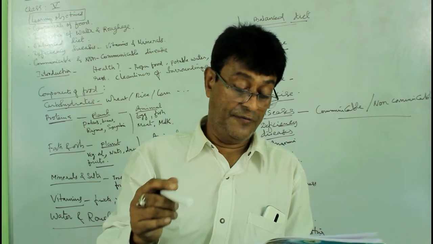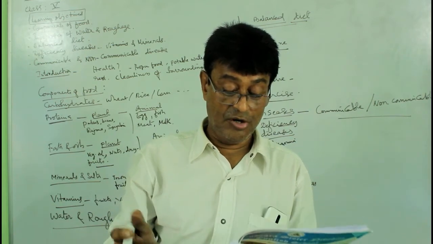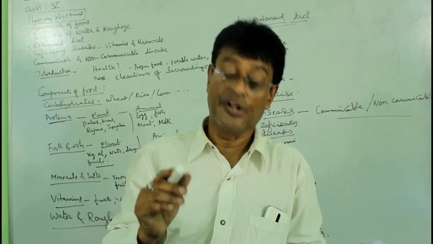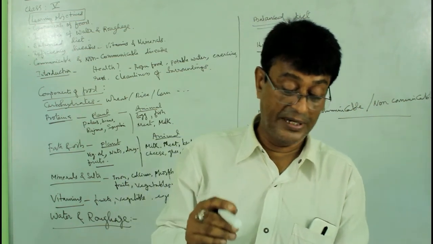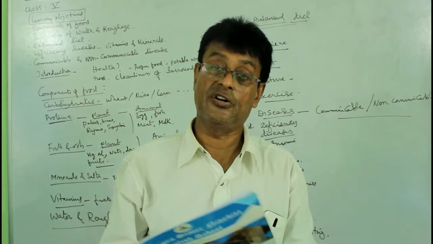The answer for number 1, A, is: a balanced diet has the right amount of nutrients that the body requires. The 5 components of a balanced diet are carbohydrates, proteins, fats, vitamins, and minerals.